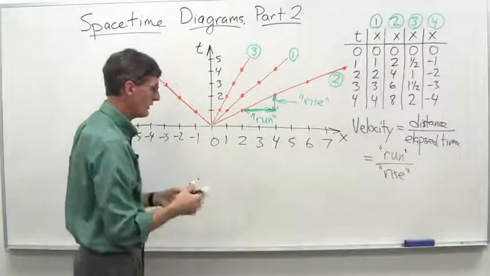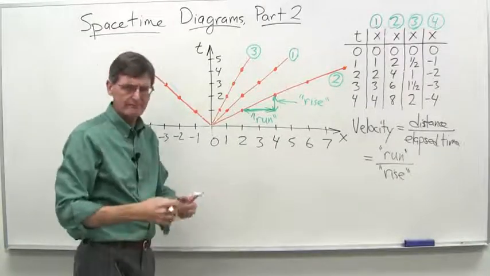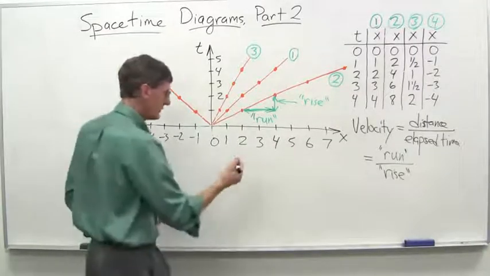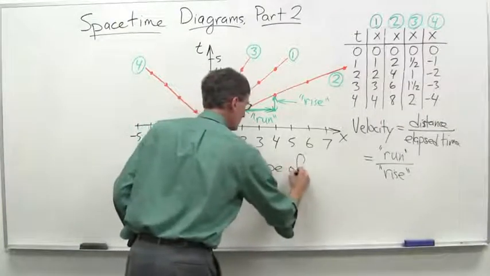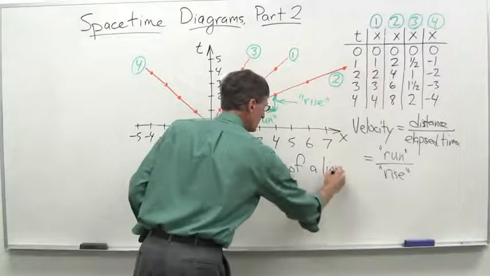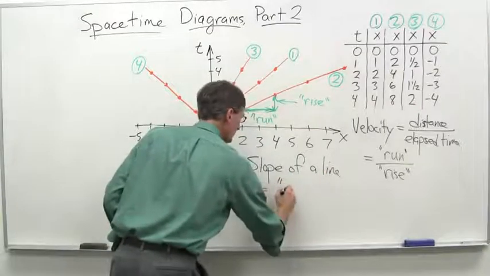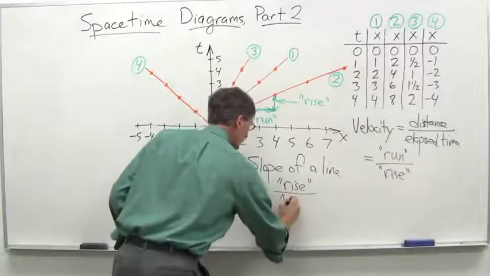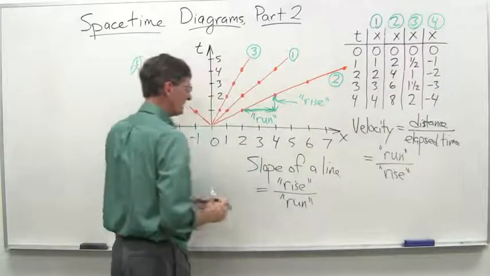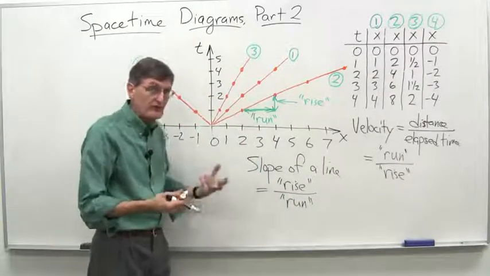And just to remind you, the official definition, or say the first definition of slope you probably learn, is that the slope of a line equals rise over run. Okay? So it's a measure of the steepness of a line.